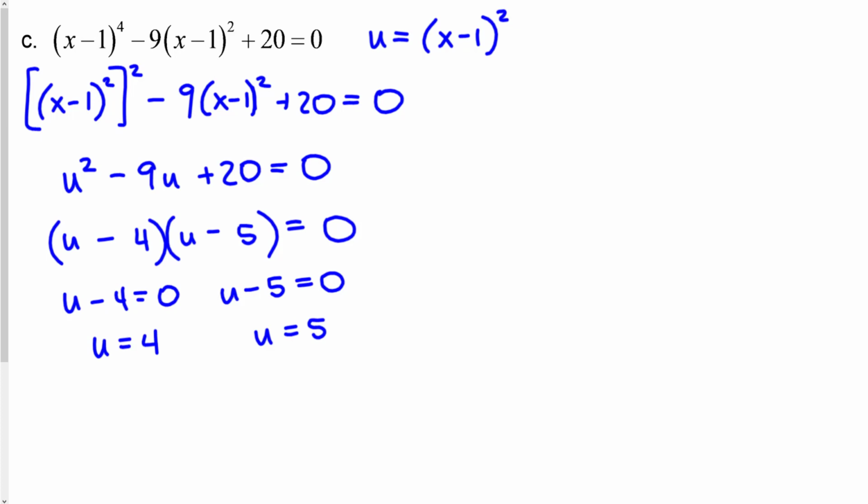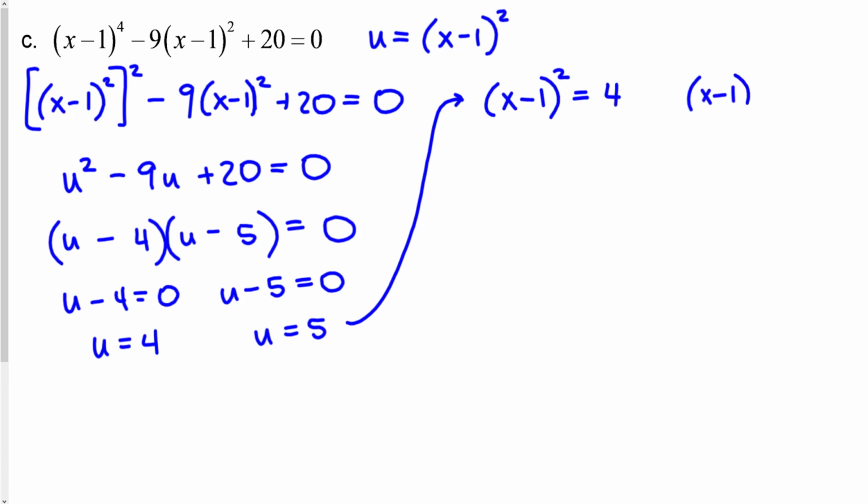But still, I need to finish the problem off by changing back to the original variable. So I need to substitute the u back in for x minus 1 quantity squared. That's going to be equal to 4. And x minus 1 quantity squared is equal to 5. The inverse operation of squaring is the square root.